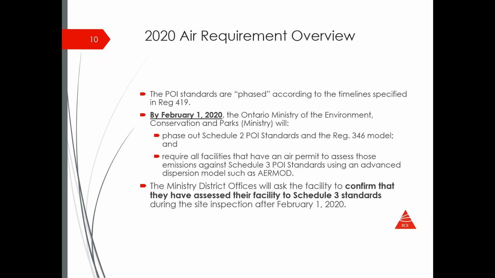Under 419, the POI standards are phased according to the timelines in the regulation. Specifically, by February 1st, 2020, the ministry will phase out the half-hour Schedule 2 POI standards and the Reg 346 model, and instead require all facilities that have an air permit to assess those emissions against Schedule 3 POI standards using an advanced dispersion model such as AERMOD.